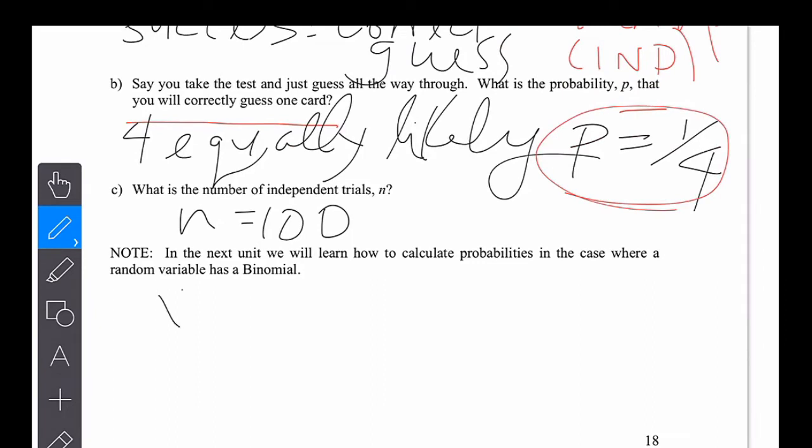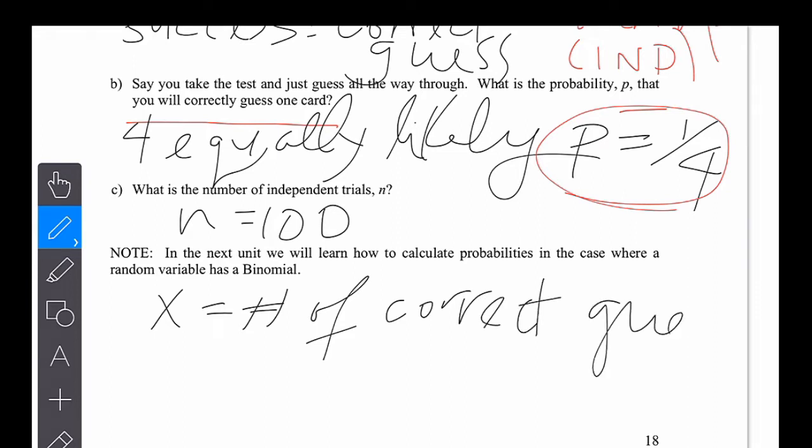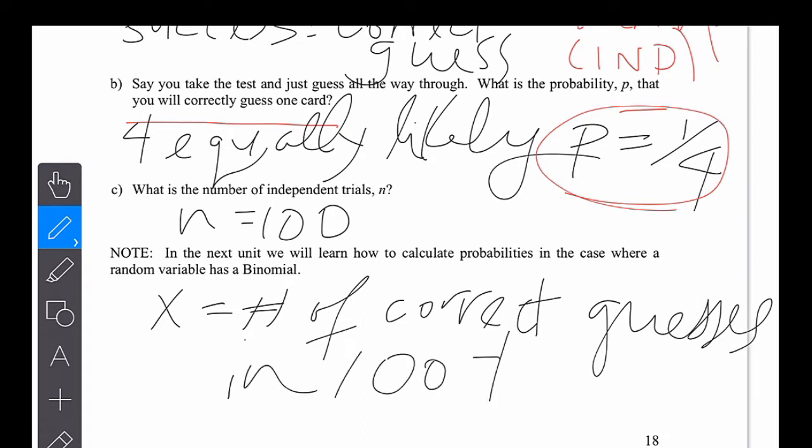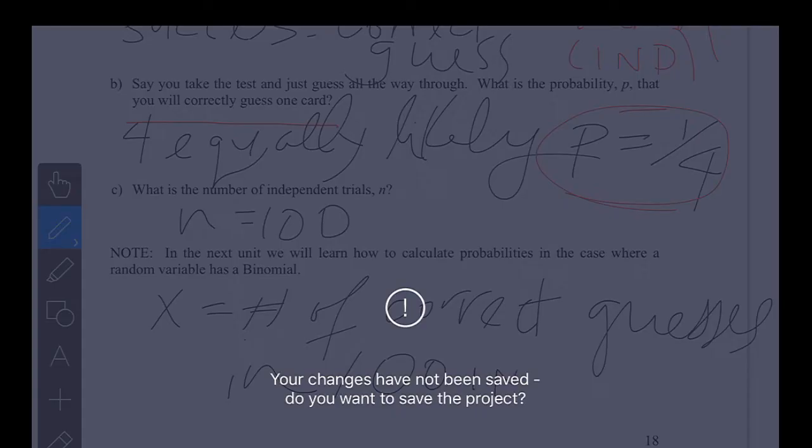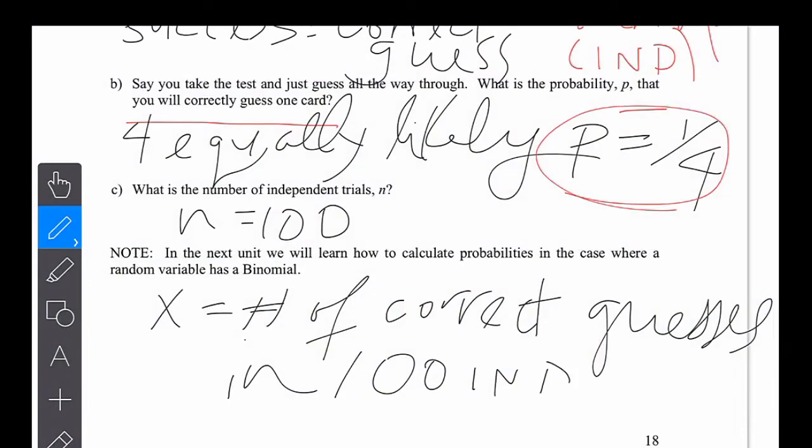Big X is the variable, so X is equal to the number of correct guesses in 100 independent trials. I'm going to just say IND for independent trials, so when I write IND, you know what that is.